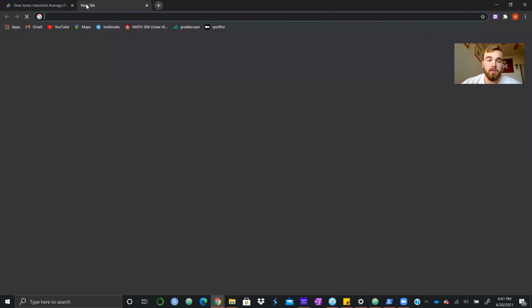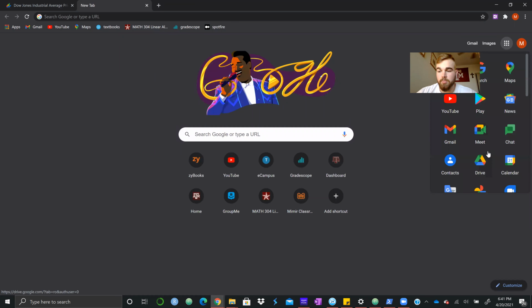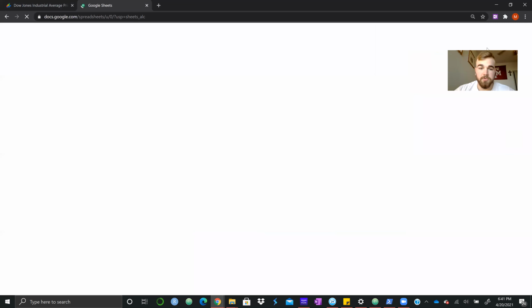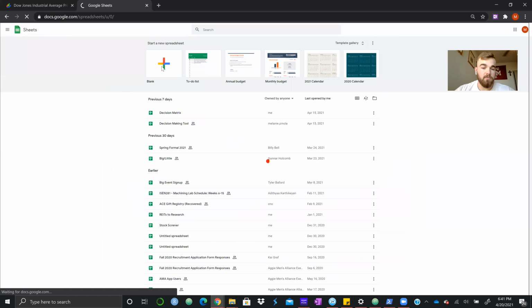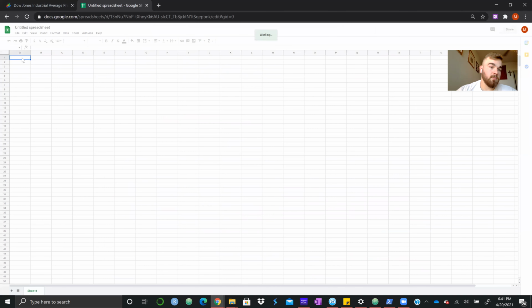Another really cool thing with Google Finance is the ability to pull it into Google Sheets. And so I'll just show this really quickly. And there's a lot of ways to go about doing this. But you can put equals GOOGLEFINANCE.